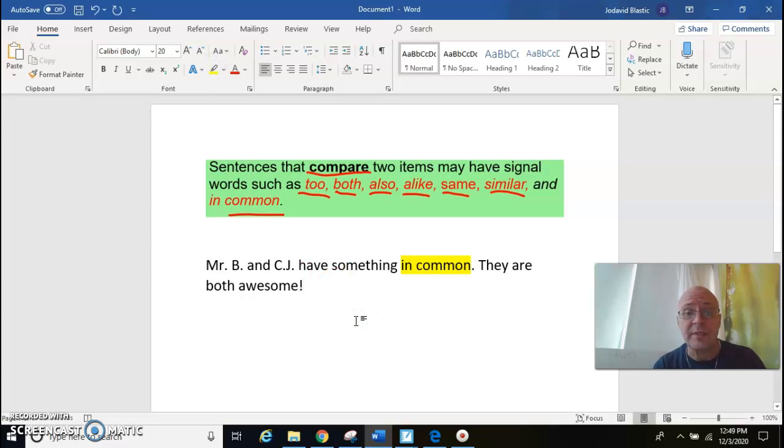It's how you are the same. We also have the word both, and a lot of times you will see one or more clue words telling you that the author of this sentence or story or text or information is telling you that these things are the same. They have something in common. They are comparing. They share these traits.